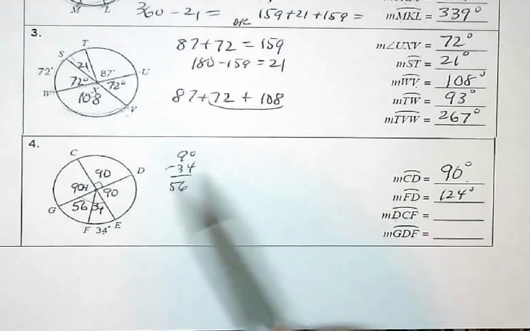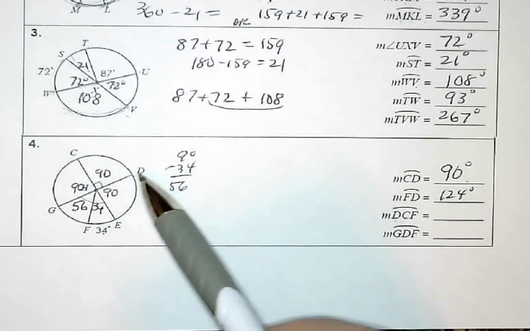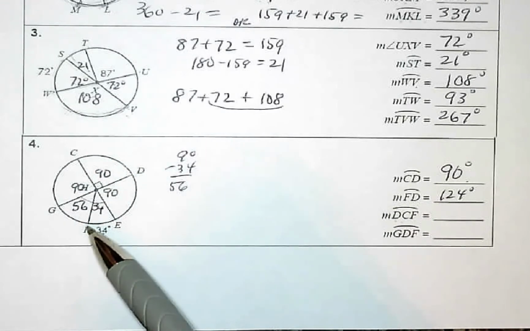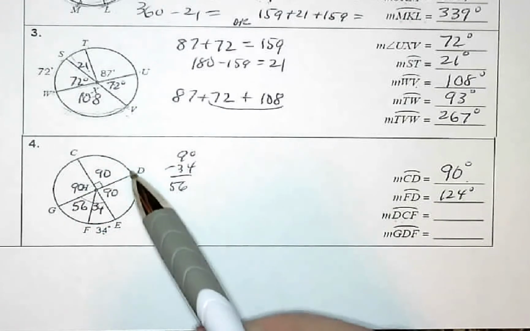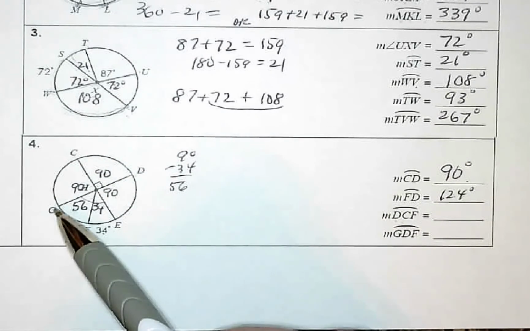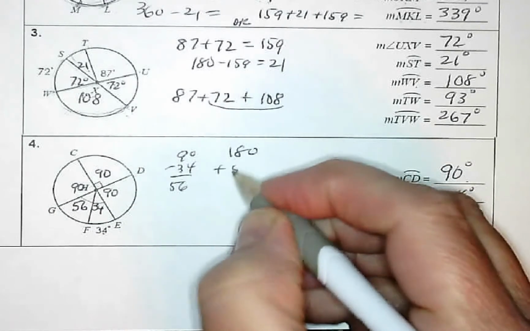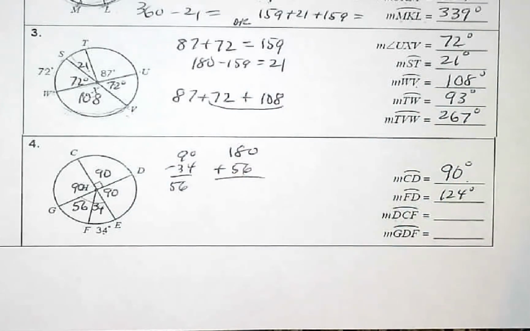DCF, ooh, that's a major, so I'm going to start at D, I'm going to go through C, and I'm going to stop at F. Okay, so I know that this far is 180 plus the 56. Okay, and when I add those 2 together, I get 236.